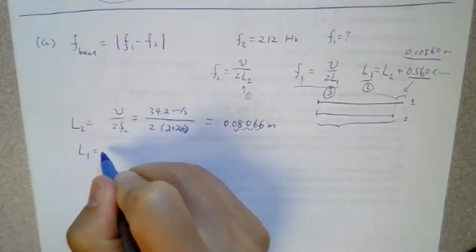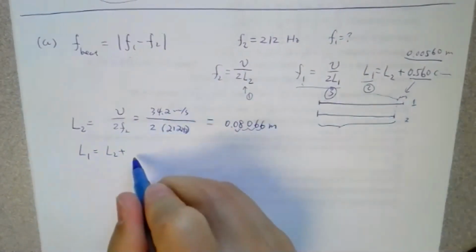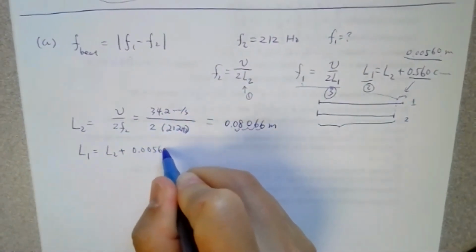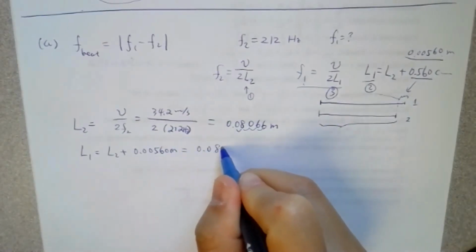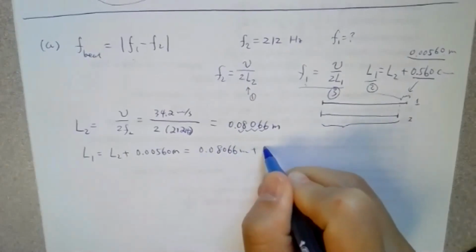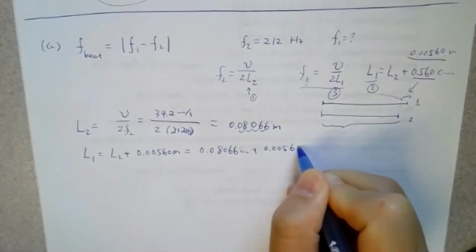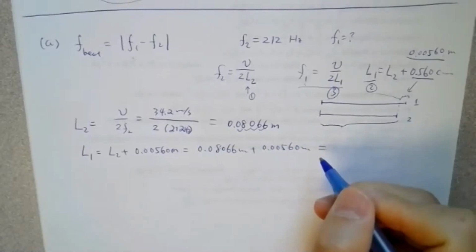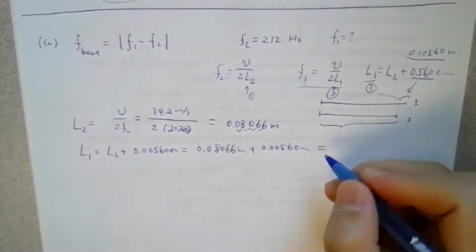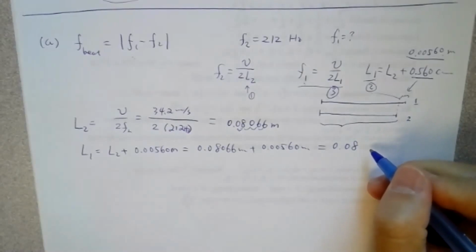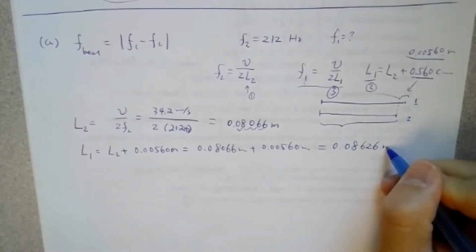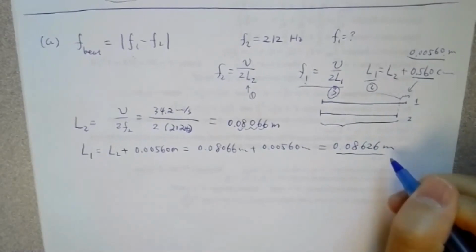L1 is equal to L2 plus 0.00560 in meters, so 0.08066 meters plus 0.00560 meters. That will give you 0.08626 meters. That's your L1.